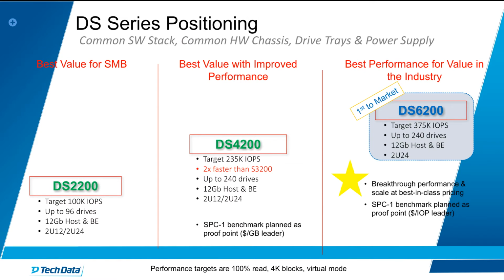The DS series positioning: we have best value for the SMB market, best value with improved performance, and the best value performance in the industry with the DS 6200 series, targeting up to 370,000 IOPS and up to 240 drives. Breakthrough performance and scale at best-in-class pricing.